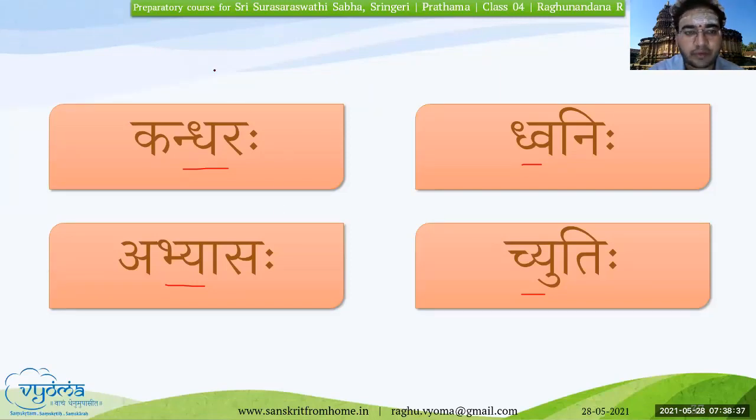Okay, I will read these letters again. Kandharaha, please always note the Alpa Prana and Mahaprana differences. Dhvanihi, Abhyasaha, Chyutihi. Similar to Jyotisham, Chyutihi is a combination of Chakara and Yakara, and most of the time we say Chuti and we don't pronounce the Yakara rightly.